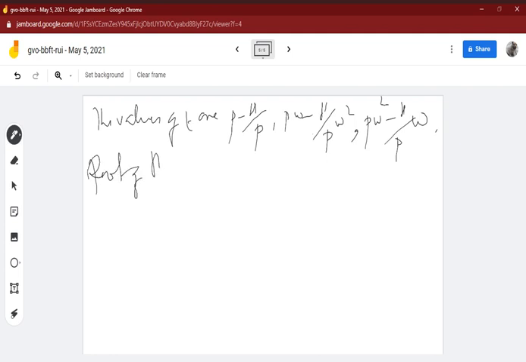hence the roots of the equation are z minus b by a.